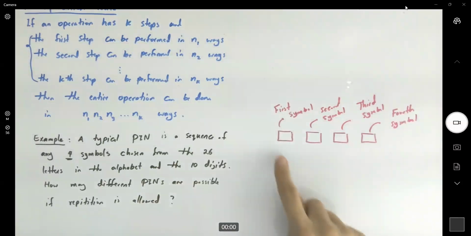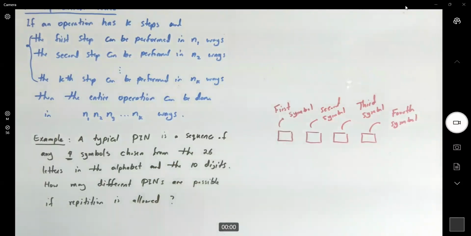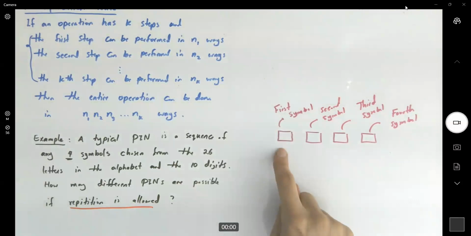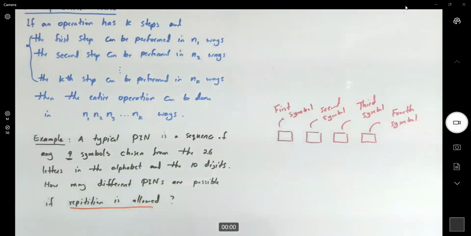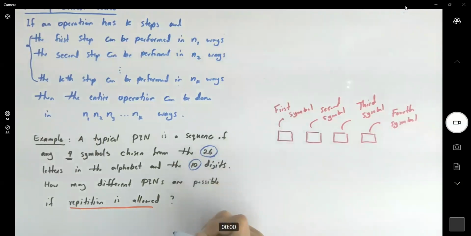Very good. So how many options, how many ways do we have for the first symbol? Guys, remember that you are allowed to have repetition. So let's see. For the first box, you have 26 letters along with 10 digits.